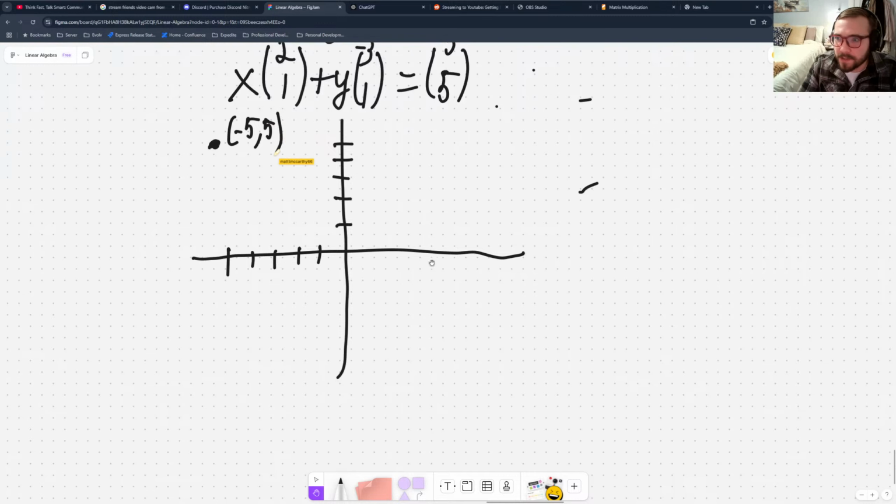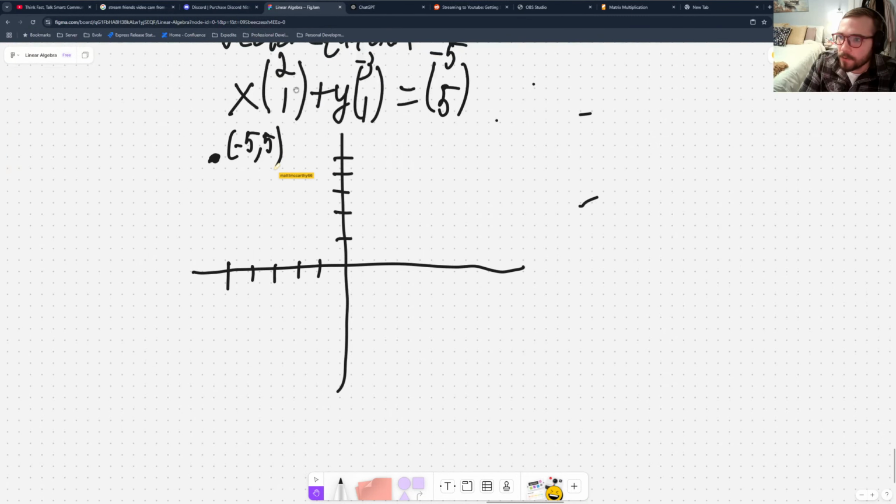And the question is, how could we multiply these, how could we add these two vectors in a way that brings us to this point? So the way that the vectors would look is, let's take 2, 1 as this vector.